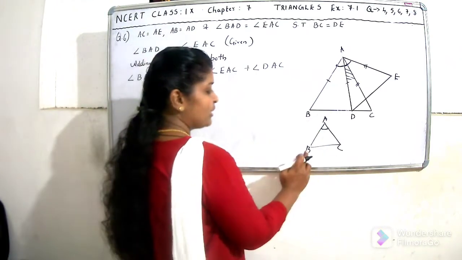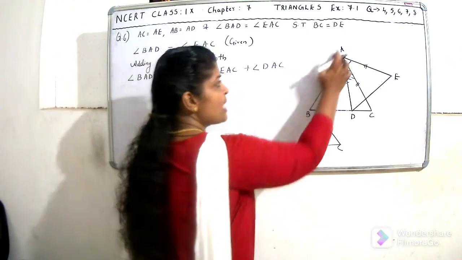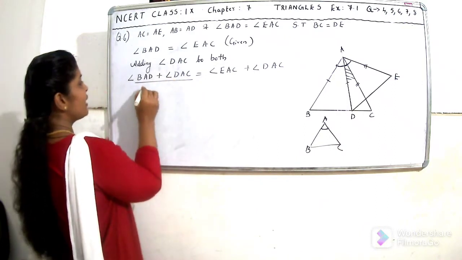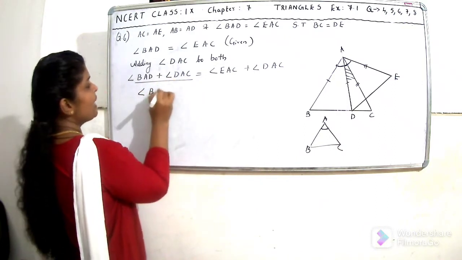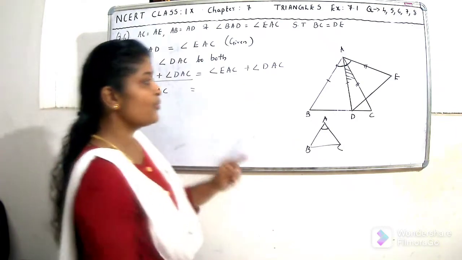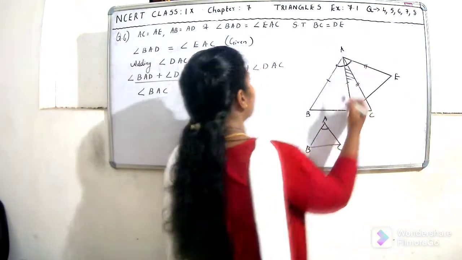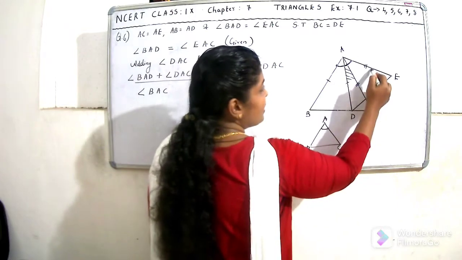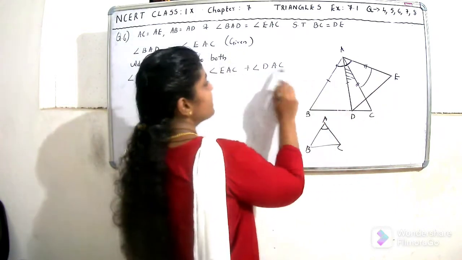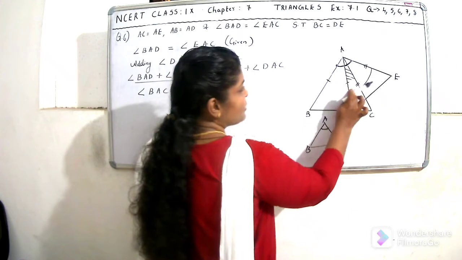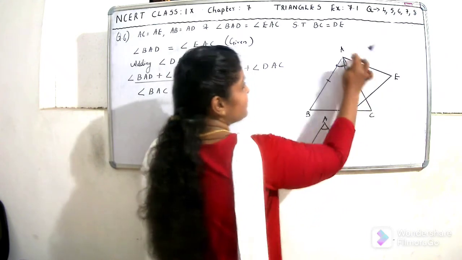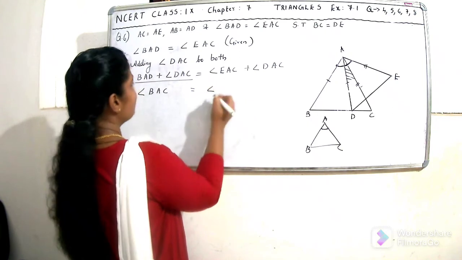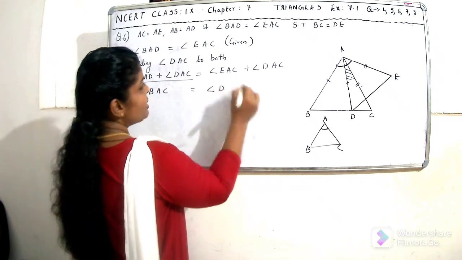Now after addition, when we combine these two angles we get the full angle, that means BAC. So angle BAC is equal to this full angle: EAC means this part and DAC means this part, so the complete side. So we write angle DAE.